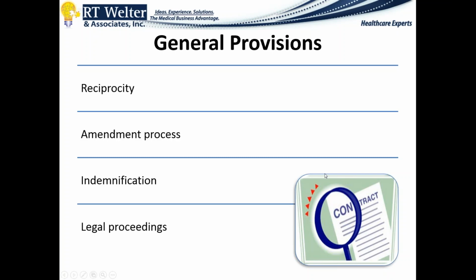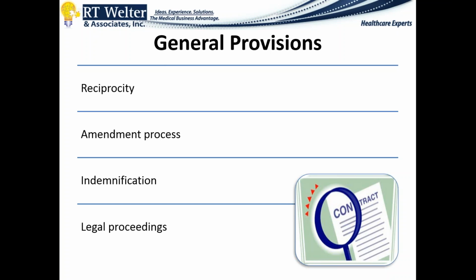Some other general provisions, reciprocity. It's a two-way street. Everybody's accountable for what they do. If you guys make a mistake, it's on you. If the plan or the payer makes a mistake, it's on them.